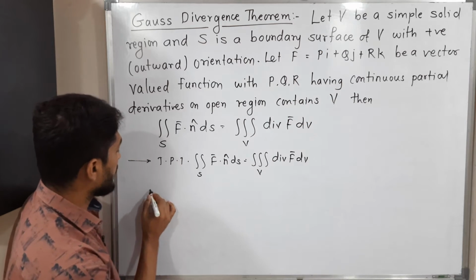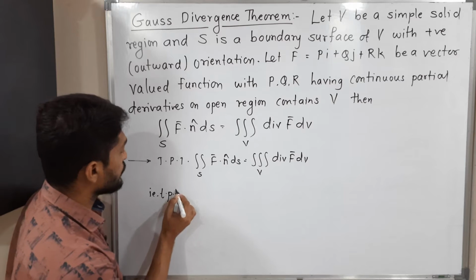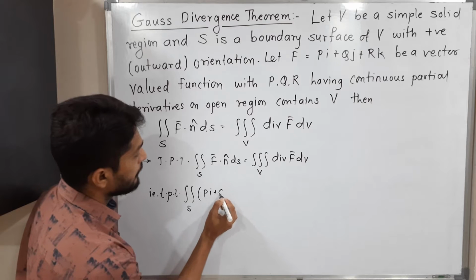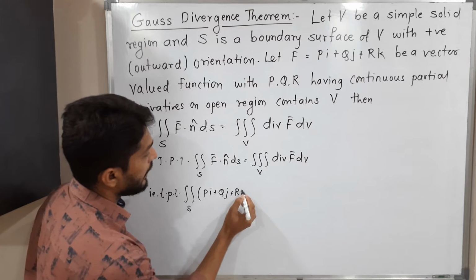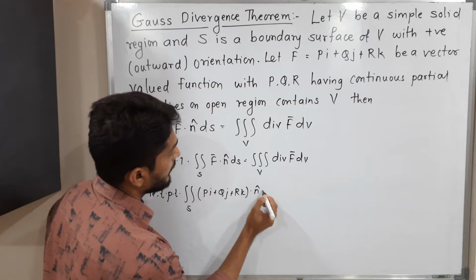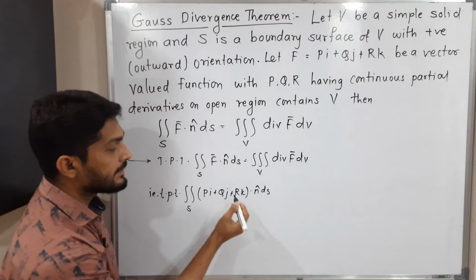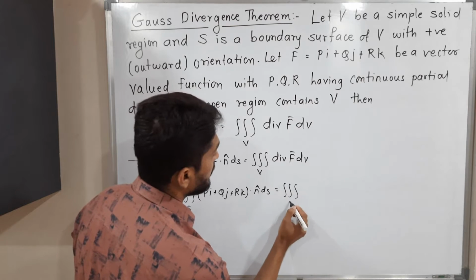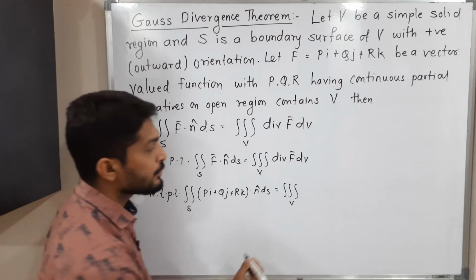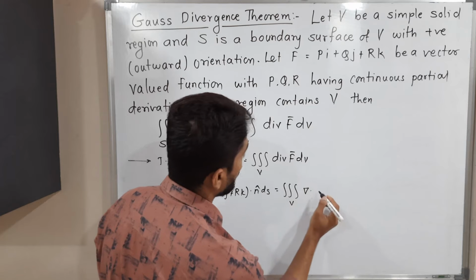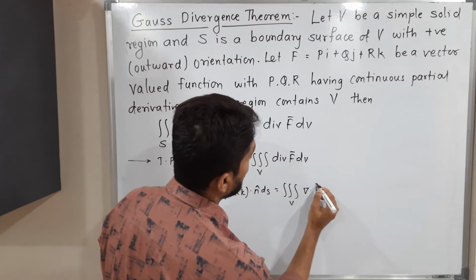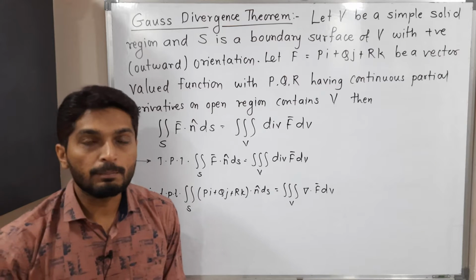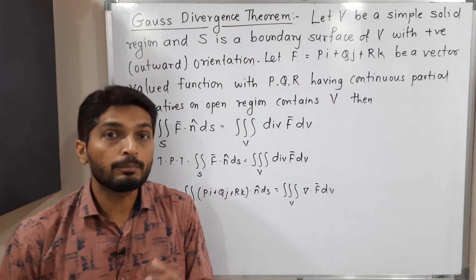So that is to prove that double integration over S of Pi plus Qj plus Rk dot n cap dS, here also on i, j, k you can write cap, is equal to triple integration over V of divergence, meaning del dot F bar, dV. So still we haven't started the proof, simply we are discussing what we are going to prove exactly.